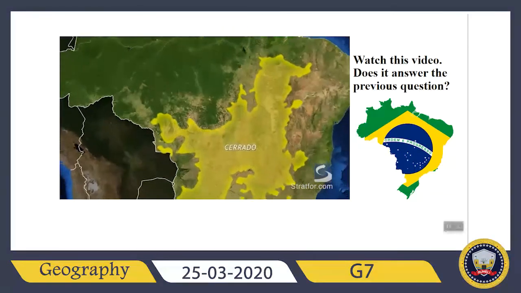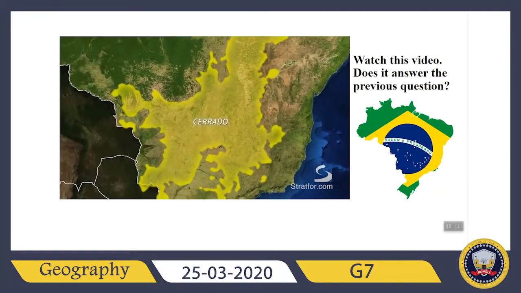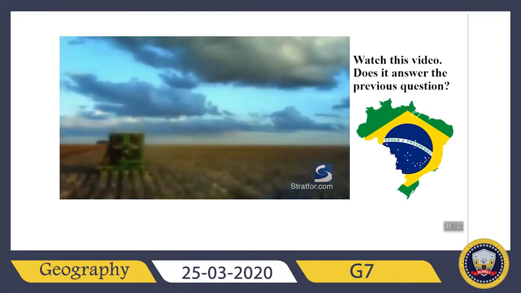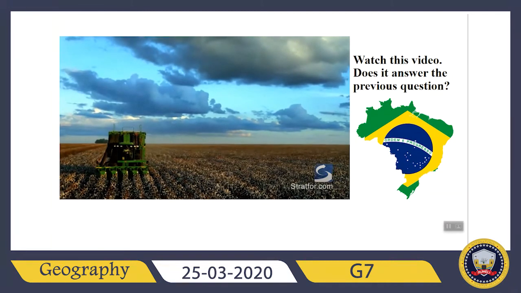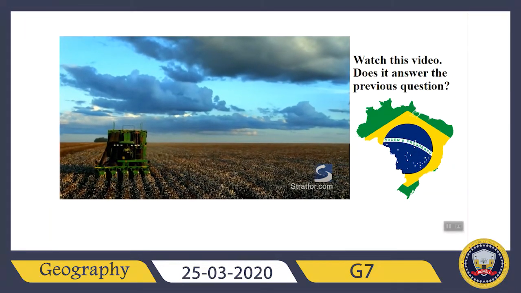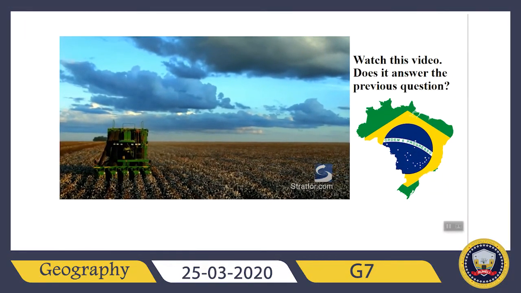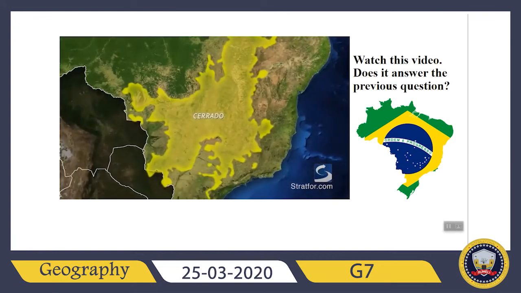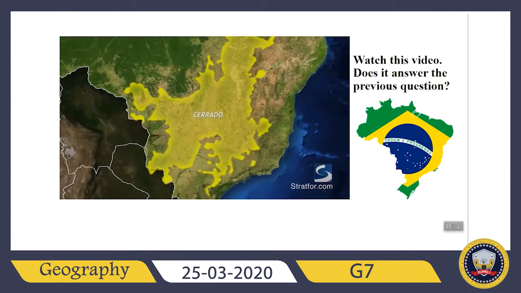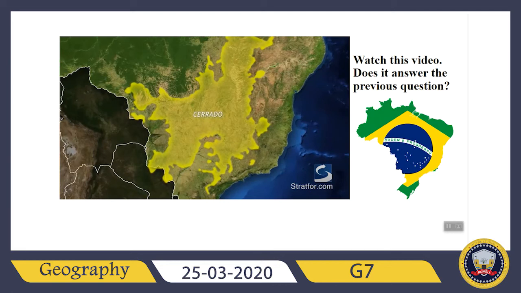To its south lies the Cerrado, a vast tropical savanna. Advances in agricultural practices have allowed large-scale farming to thrive in this region. However, due to distance and geography, Brazil faces daunting challenges in getting agricultural commodities to international markets.